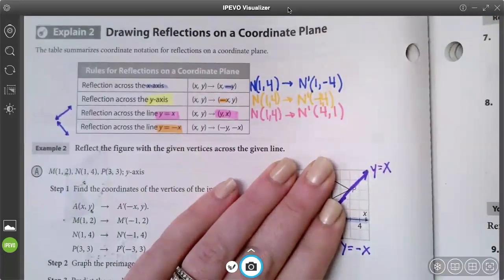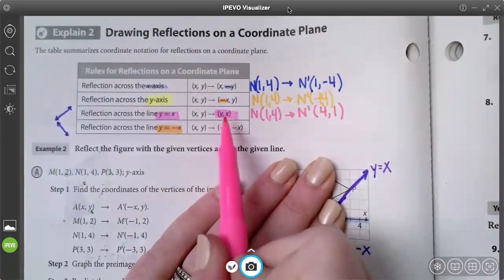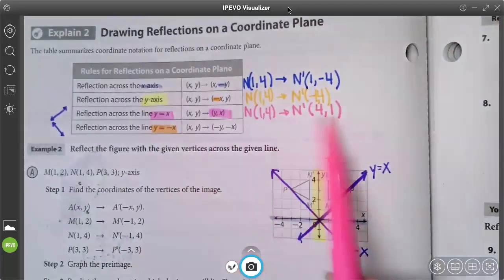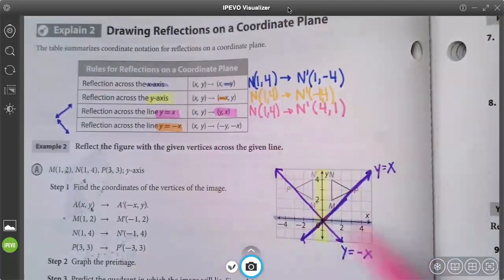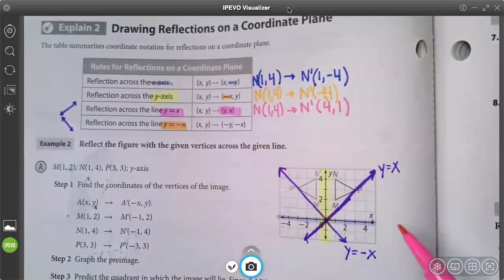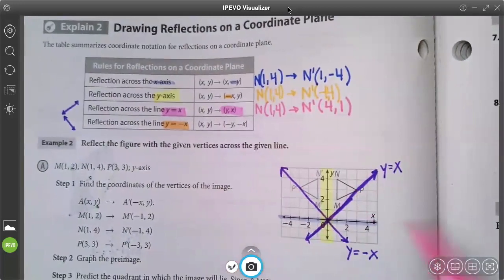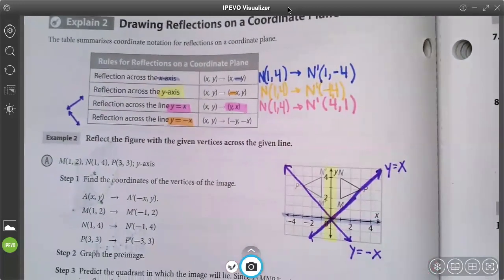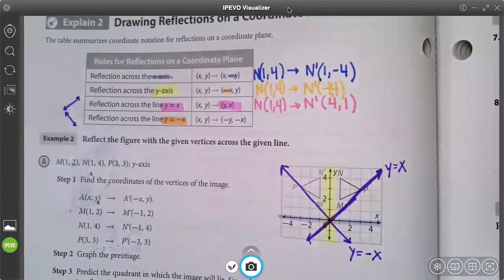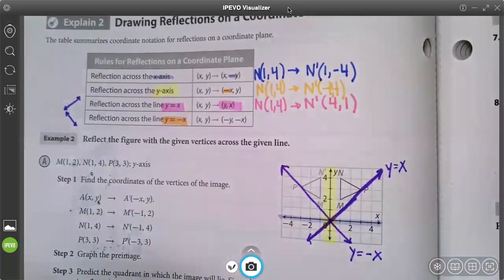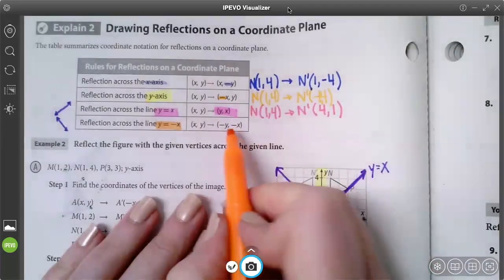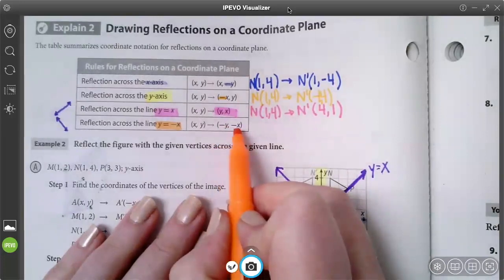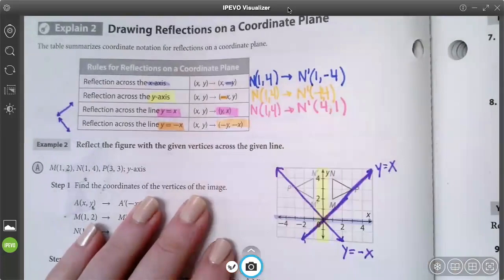It's a whole lot simpler if you know this rule to just manipulate your numbers as opposed to drawing it out and drawing yourself perpendicular bisectors and doing it by hand on a graph. Y equals -x says that you're going to switch that order and switch the signs.